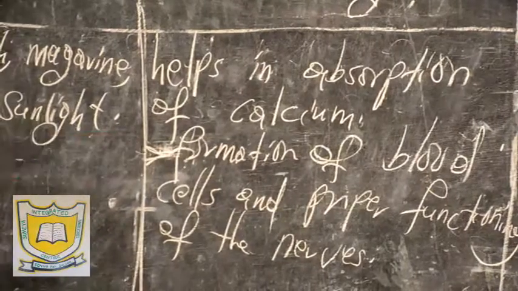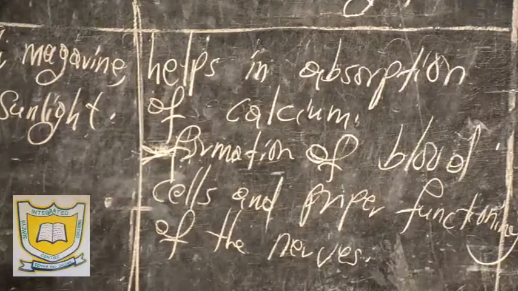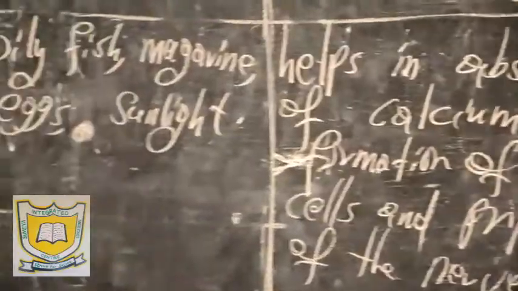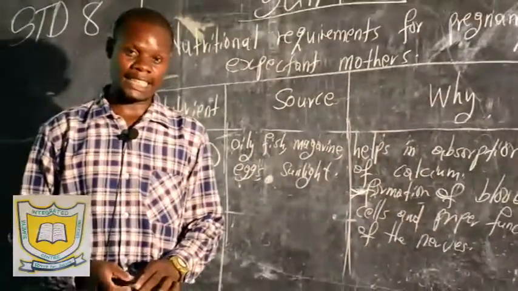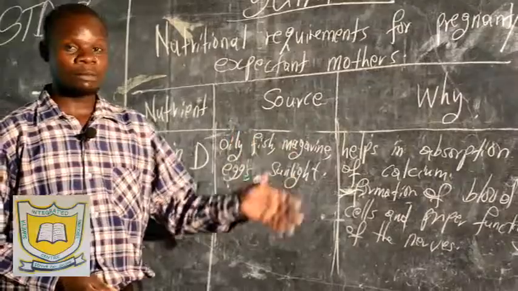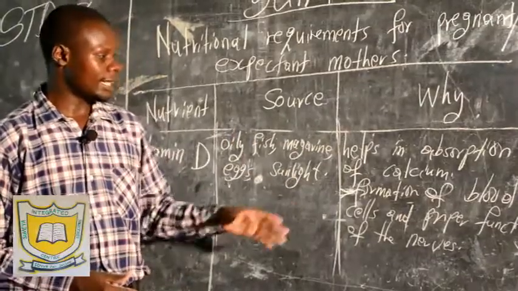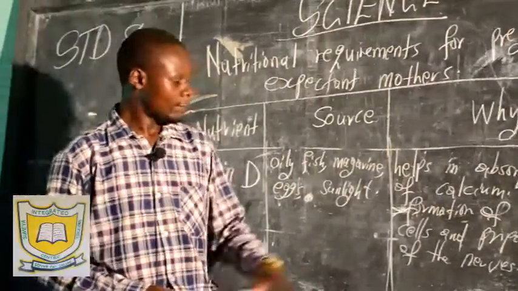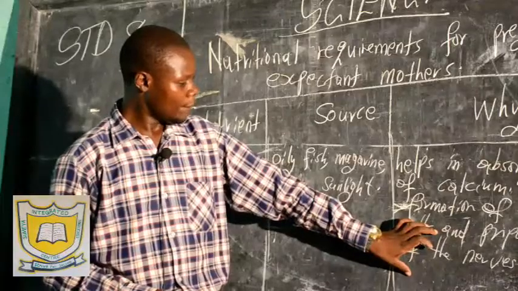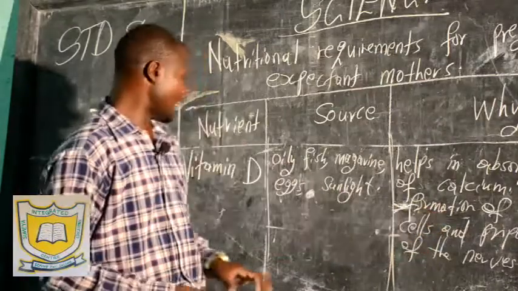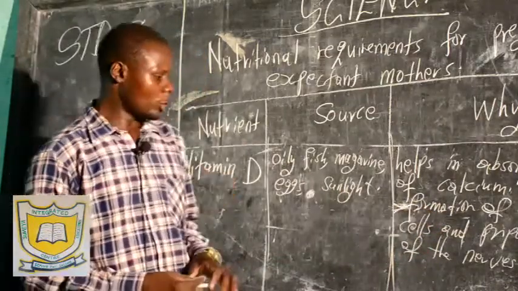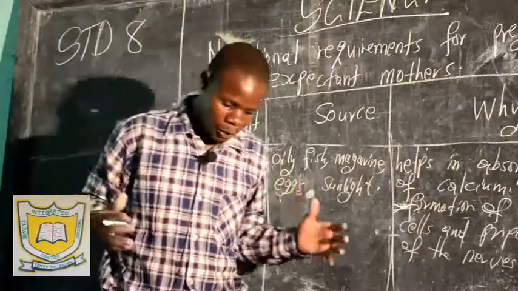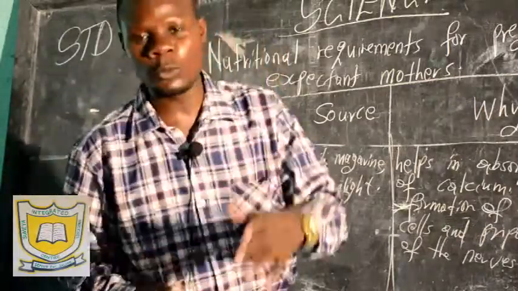Now, when you talk about formation of blood cells, in your standard 7, the first topic, circulatory system, you talked about the blood cells. We have the white blood cells, we have the red blood cells. Those are some of the cells that are formed by vitamin D, and also proper functioning of the nerves.